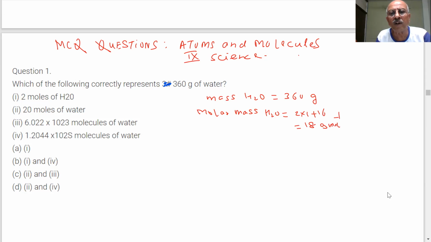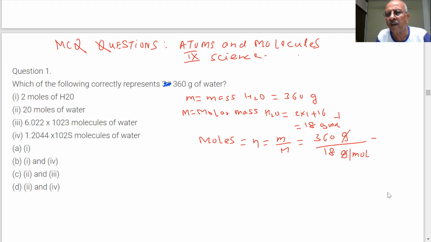How do we calculate moles? This is the mass, this is the molar mass. Given mass divided by molar mass: 360 gram divided by 18 gram per mole. So what will we get? 20, 20 moles.